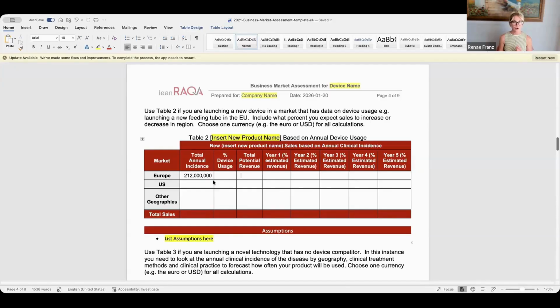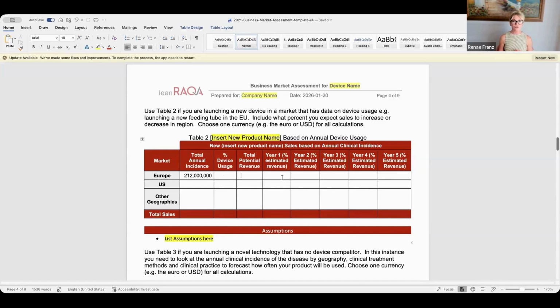And then you could go in and say, okay, I know that's the total available market, but realistically, we would only capture maybe 50% with our product. So you would put that calculation in, and that would give you your serviceable, attainable market.